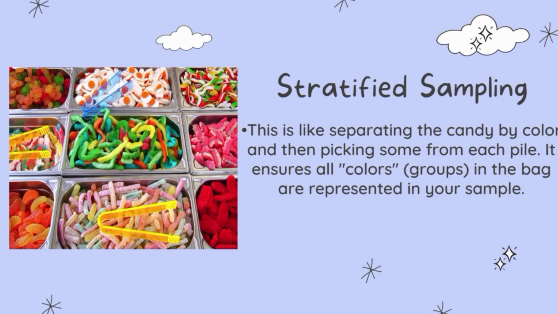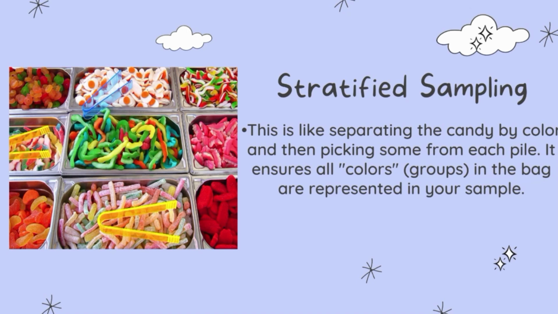Okay, so on the basis of the characteristic, which may be color or shape in this case, we have classified the candies into different subgroups. Now what we are doing is we are randomly selecting from each subgroup.